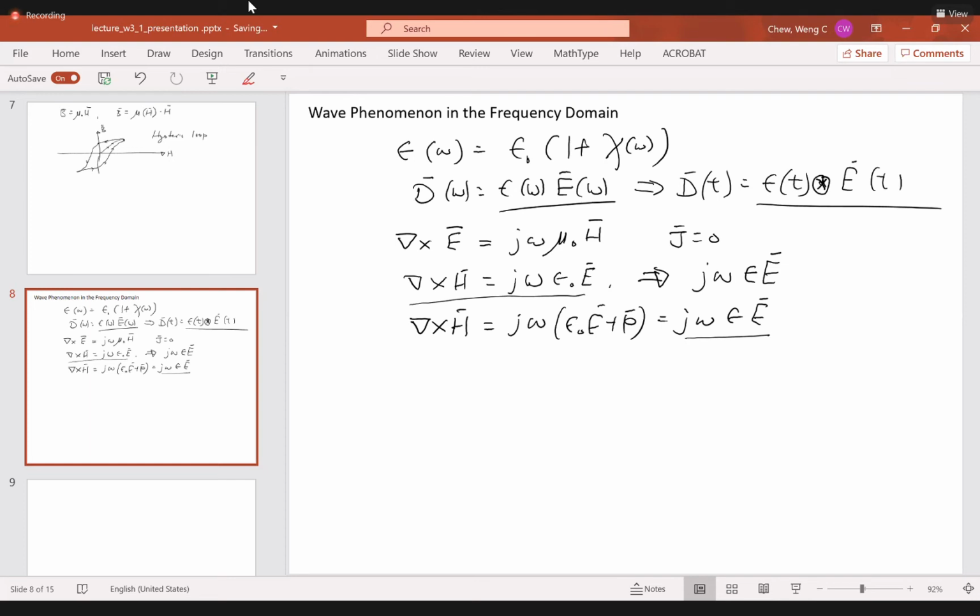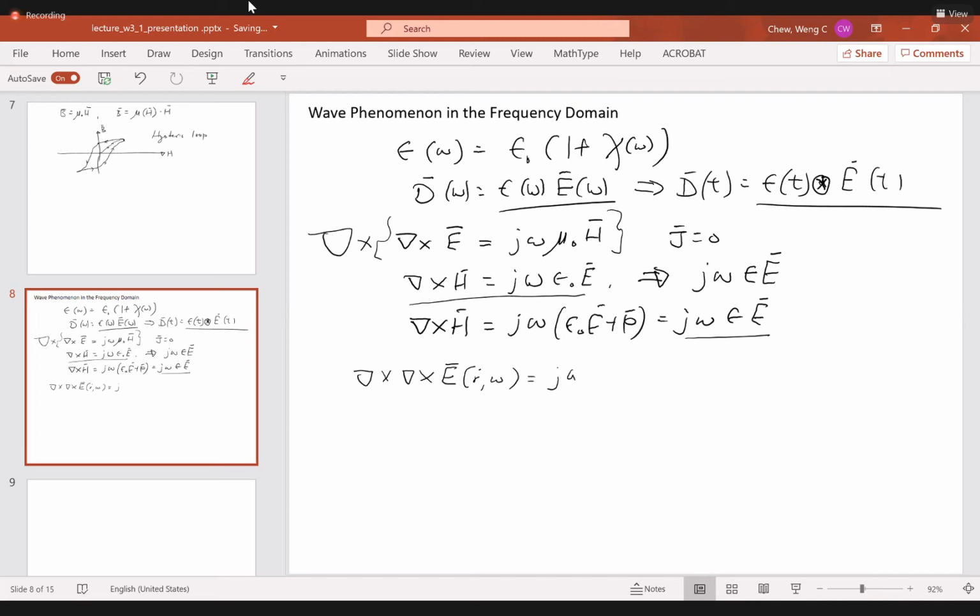So let's see what we can do with this equation in the frequency domain. Let's take the curl of the first of Maxwell's equations. On the left-hand side, we will have curl of curl of E. This actually is a quantity in the frequency domain. I usually don't bother to write it down.